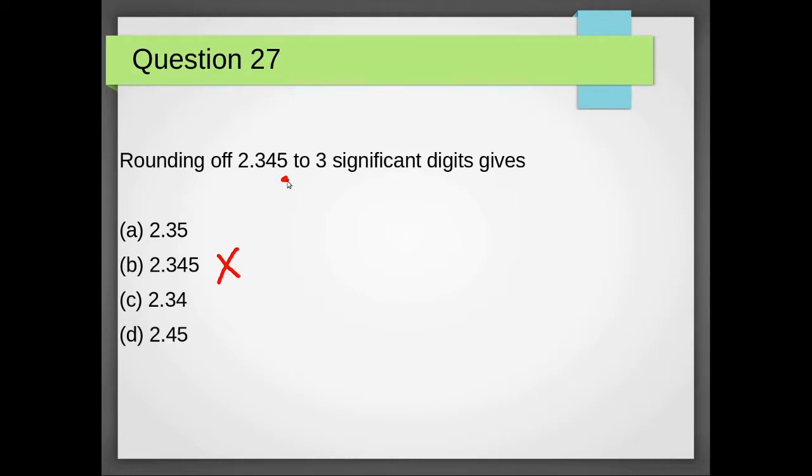But here you need to pay attention to a small rule that says whenever the digit to be rounded off is exactly 5, not greater than 5, then you round up the digit to the left if it is odd, else you retain it as it is if it is even. In this case, since the digit is 4 and it's even, we will not round it up, we will retain it as it is. So that leaves us with the answer 2.34, which is option C.